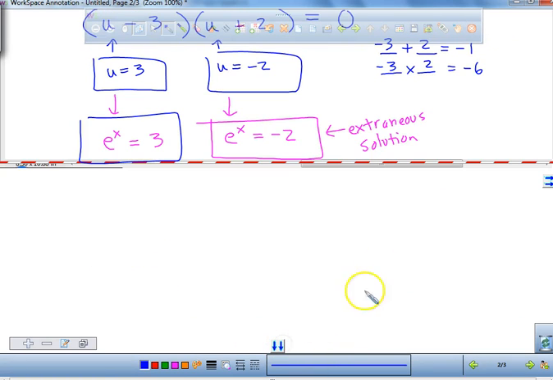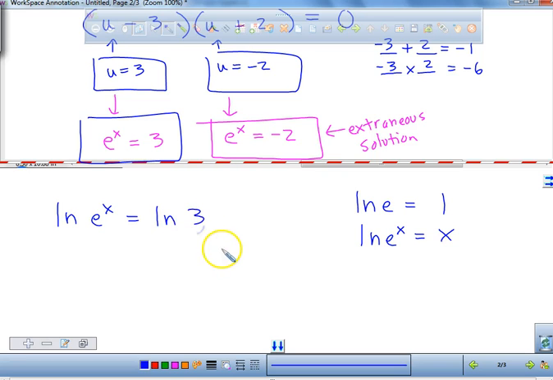Now, what did I say at the very beginning? That the natural log of e is always equal to 1, and the natural log of e to the power of x is always equal to x. So we're going to apply the natural log to both sides of the equal sign, because the natural log of e to the x is now just x.